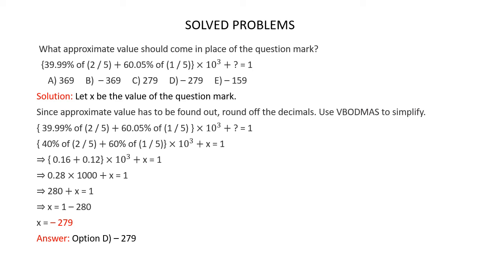Shift 280 to the right hand side. So you'll have x is equal to 1 minus 280, which is nothing but minus 279. So x is equal to minus 279. So minus 279 is the approximate value that should come in place of the question mark in the given equation. So the correct answer is option D, minus 279.